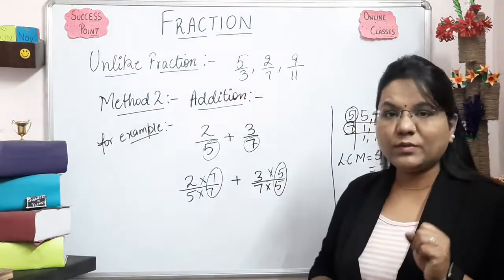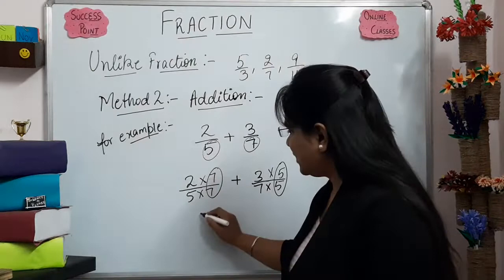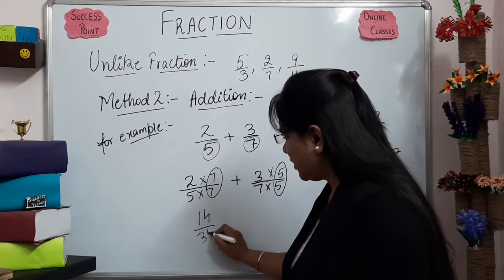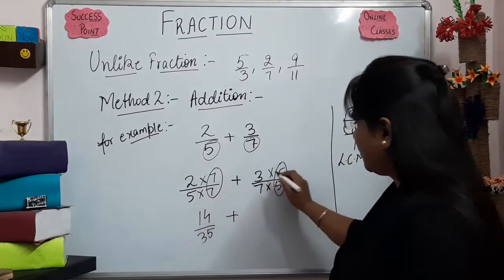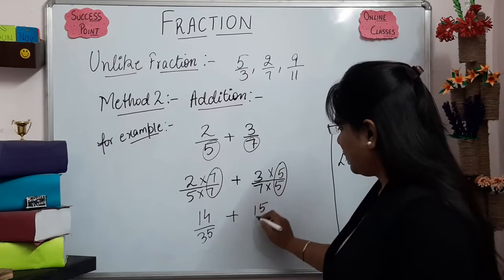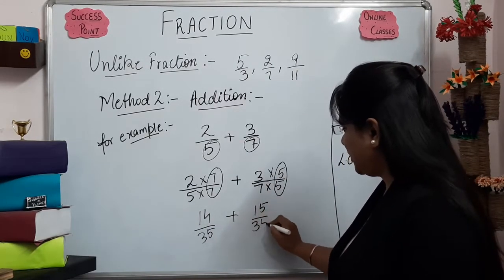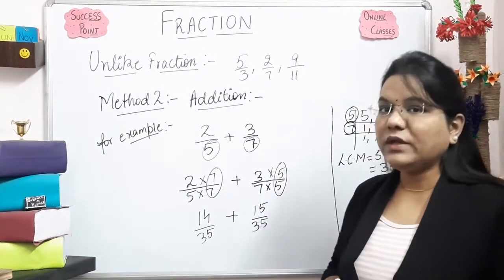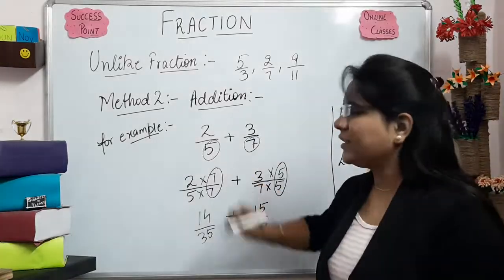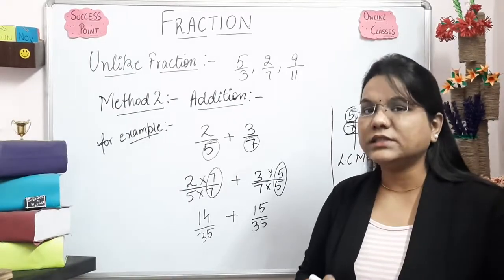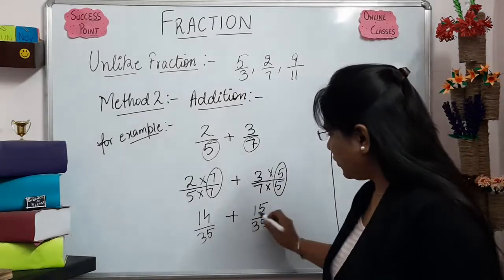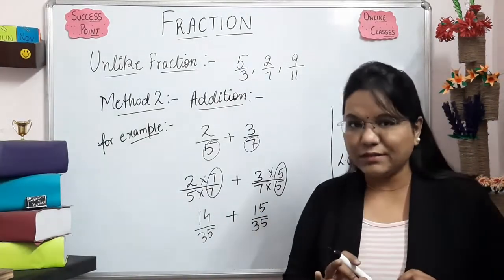So what will be the answer? 2 7s are 14. 7 5s are 35. 5 3s are 15. 7 5s are 35. So without doing anything else, we just have to check the denominators. If the denominators are equal, we can solve it easily. So 14 and 15. Now we are getting the same denominators.